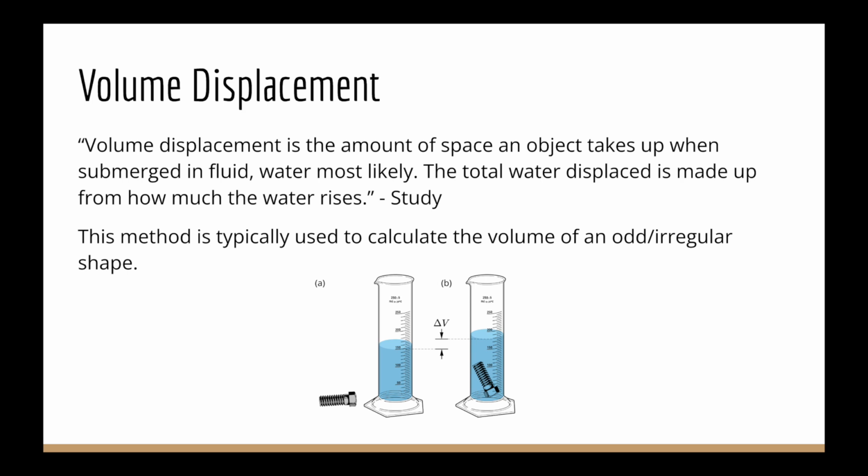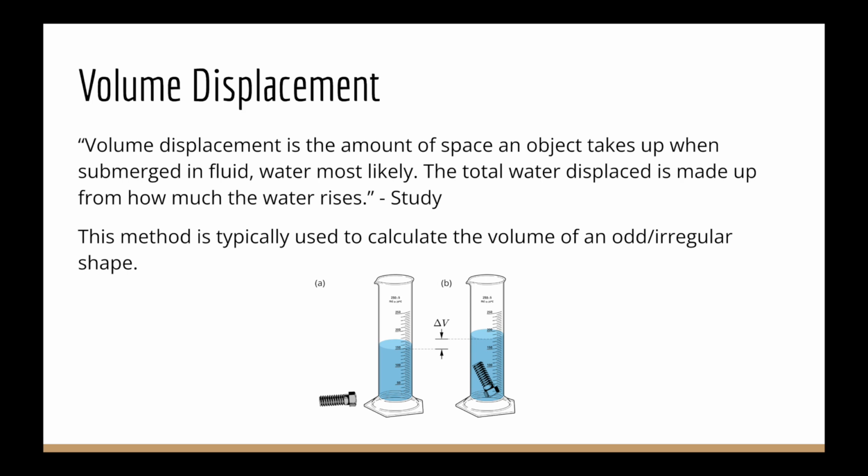So next, moving on to volume displacement. This is what I am focusing my research project on. Here I have a quote that I got for the definition of volume displacement. Volume displacement is the amount of space an object takes up when submerged in fluid, water most likely. The total displacement is made up of how much the water rises.